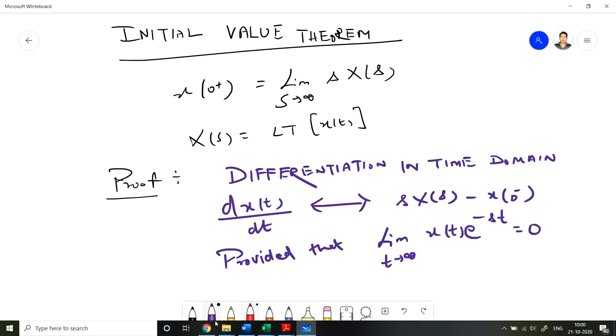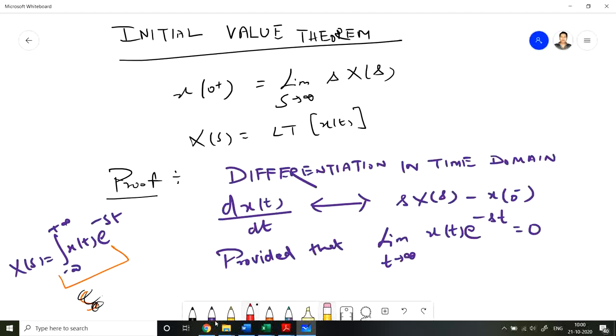It means the integral should be summable. X(s) is the integral from minus infinity to plus infinity of x(t) e raised to the power minus st into dt. So the catch is that this integral should be integrable.